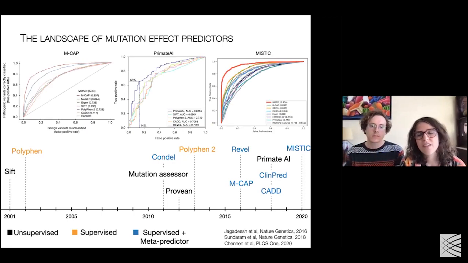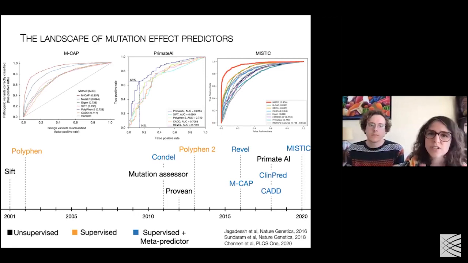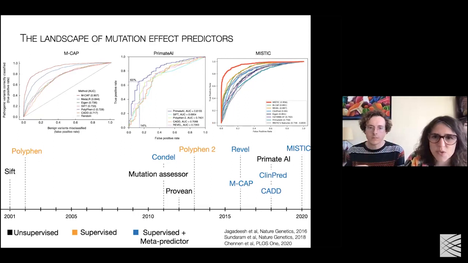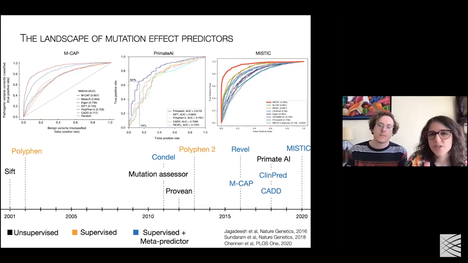And if you have a quick look at the results, these are ROC curves for different models, you can see that they are reporting fantastic AUCs and better results. So the question is, why does something like the ACMG criteria still regard computational tools as a low source of evidence? And that takes us to the problem of validation.